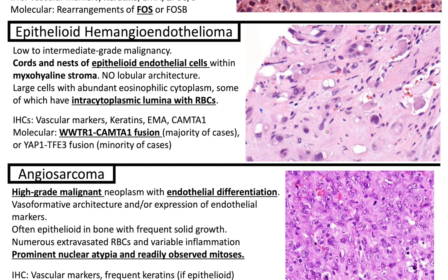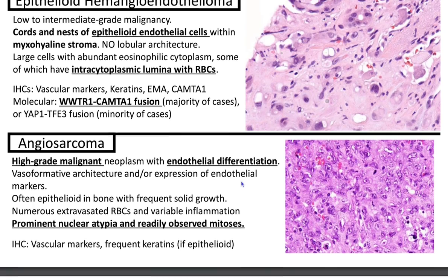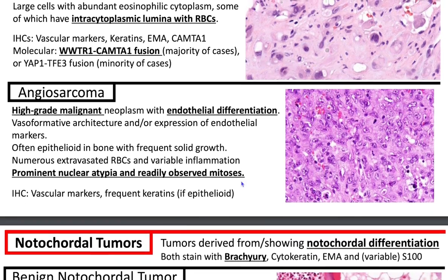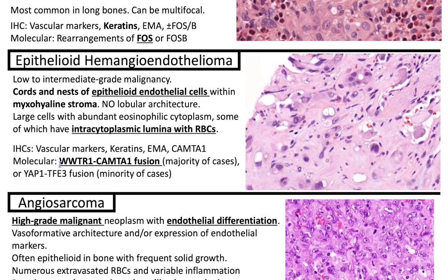It'll stain positive not only for vascular markers, but also keratins, EMA, CAMTA1, and molecularly, most of them are WWTR1-CAMTA1 fusion, or YAP1-TFE3 fusion. Kind of sounds like a URL link, just as an aside, www.tr1, camta1.com.